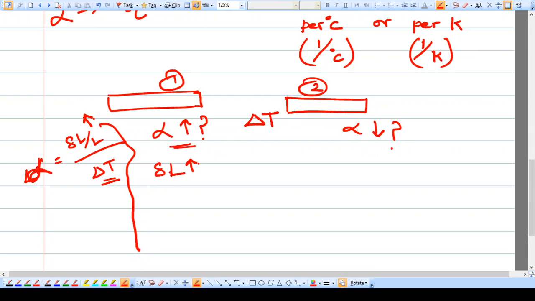So a higher alpha means a higher delta L compared to the delta L of a material with a lower coefficient of thermal expansion. See, body 1 will be elongating much, whereas body 2 will be elongating by a small amount due to its coefficient of thermal expansion.